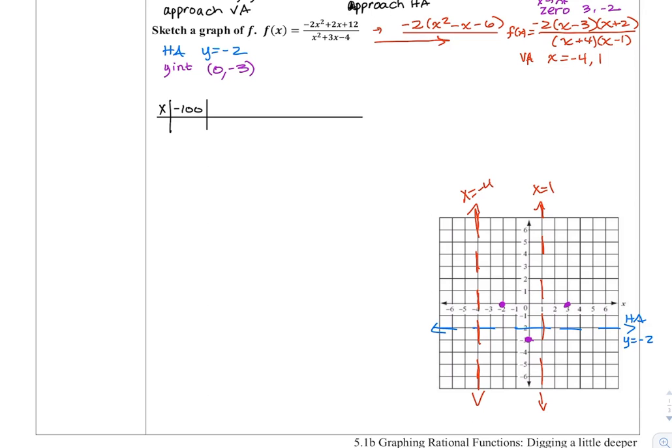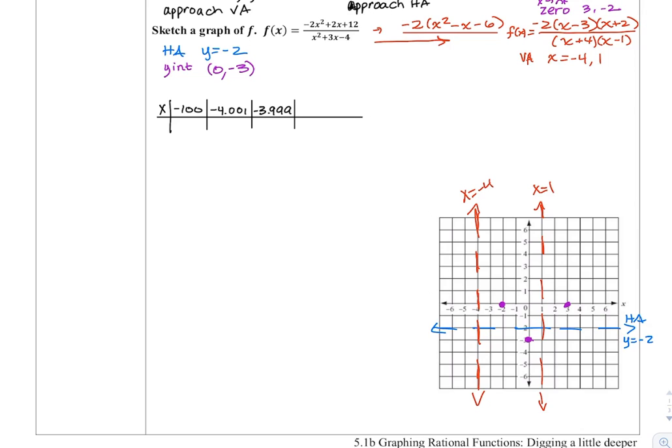Then let's approach x equals -4 from the left, so -4.001. We could get closer and closer, toward -4.00001, however, I think this will give us what we need. Then let's approach it from the right, so we'll go with -3.999.